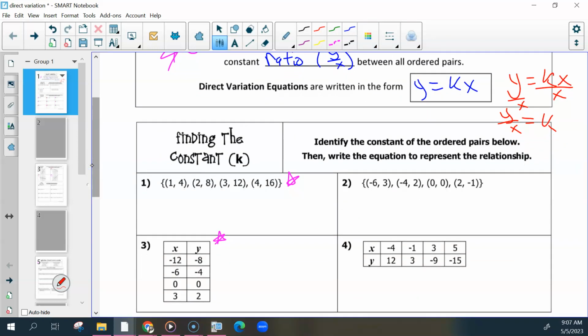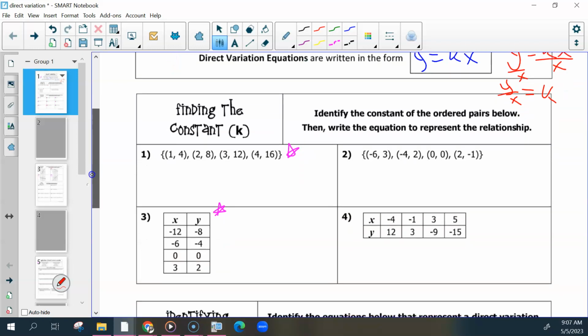So we're going to go through different problems. So here, we have to find K. If it's the same, it has to be the same in order for it to be constant. Otherwise, it's not constant. Or direct.